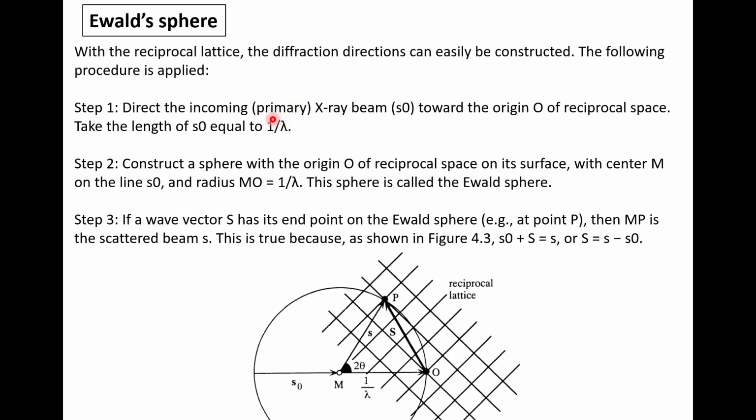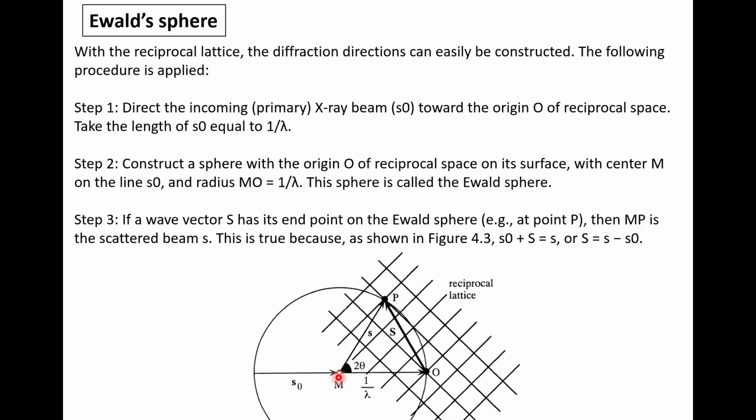that will be 1 by lambda, and this scattering vector S naught is the X-ray beam which is coming and hitting the object. Imagine this as your crystal. This is your X-ray source, and S naught is the incident X-ray scattering vector which hits the crystal.